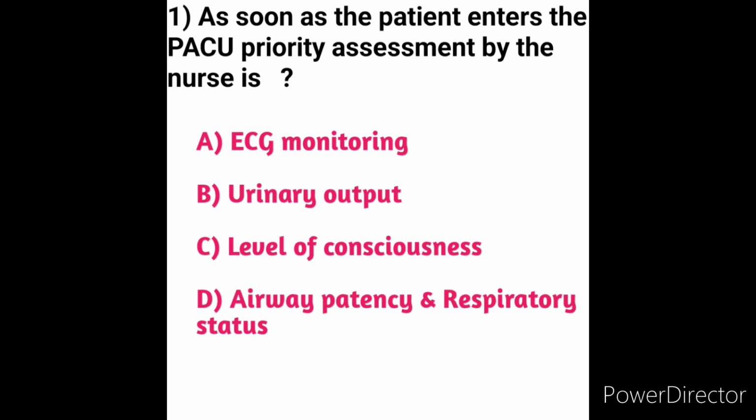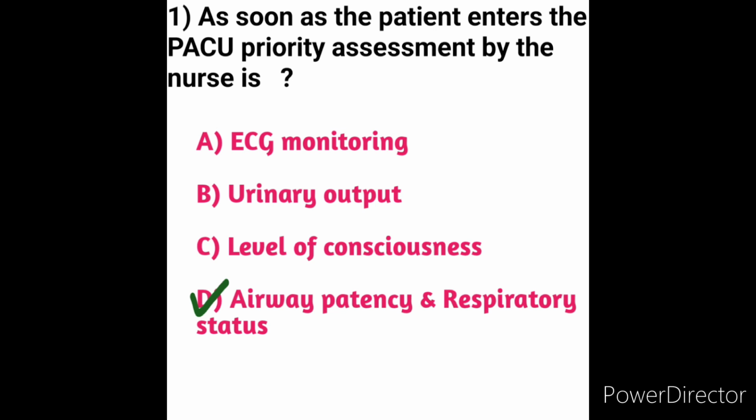The nurse should assess respiratory adequacy, monitoring oxygenation, ventilation, circulation, level of consciousness and temperature. These are all responsibilities in the post anesthesia care unit. This is the first priority of a nurse. We can monitor urinary output also, level of consciousness, and also oxygen levels and ventilation. We have to document the respiratory, circulatory and neurological functions of the client. So option D, airway patency and respiratory status, is the correct answer.